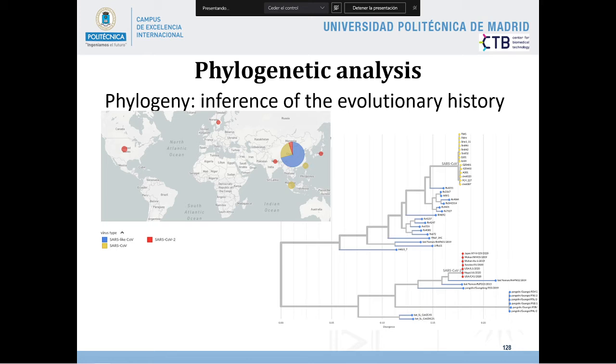For instance, if we are analyzing populations within a species, there could be gene flow, a transfer of genes from one place to another due to migration, and that won't be reflected in the tree built by the phylogenetic analysis.